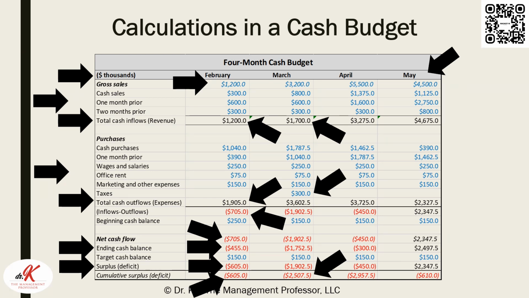This calculation takes the $1.9 million loss in March from the line above and adds the cumulative total loss from February of $605,000.